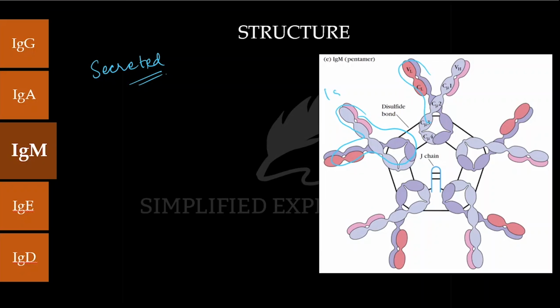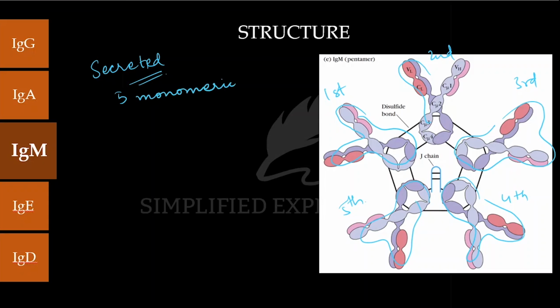Second, this is the third, then this is the fourth, this is the fifth. We can see here these 5 monomeric units are held together. And how are they held together? They are held together by disulfide bonds.